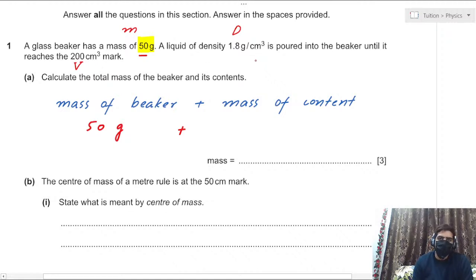So we can apply the formula density equals mass over volume, and that gives us mass equals density times volume.